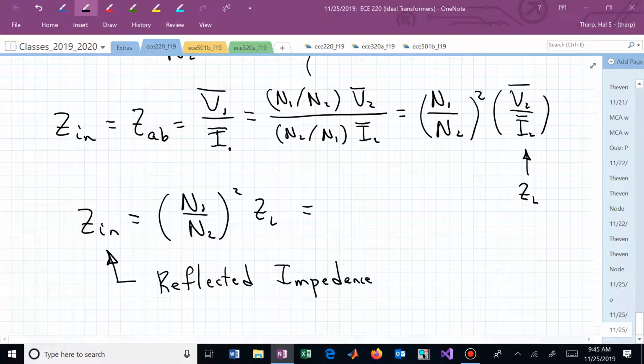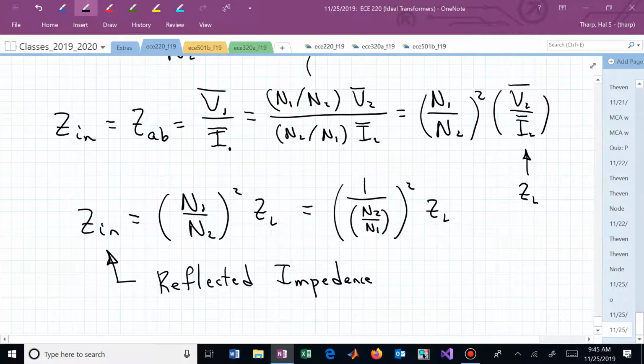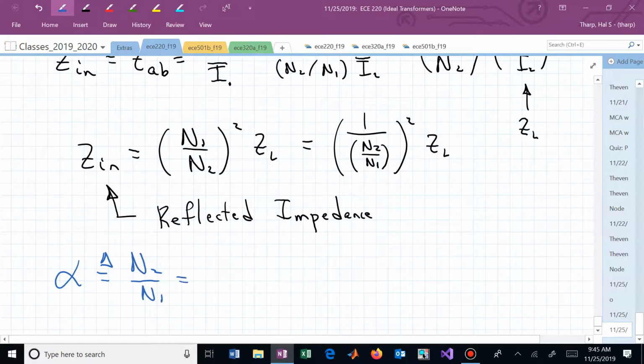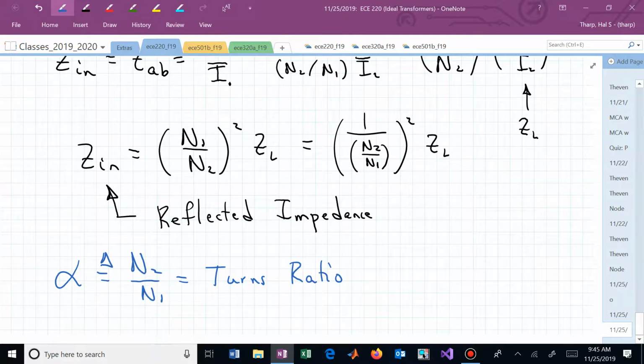So let's now rewrite this as 1 over N2 over N1 squared Z sub L. And if we define alpha to be N2 over N1, which is our turns ratio, and I probably won't remember how alpha is defined, that's why I like to just keep track of N1 and N2. But alpha now is the ratio of the secondary coil turns to the primary coil turns.